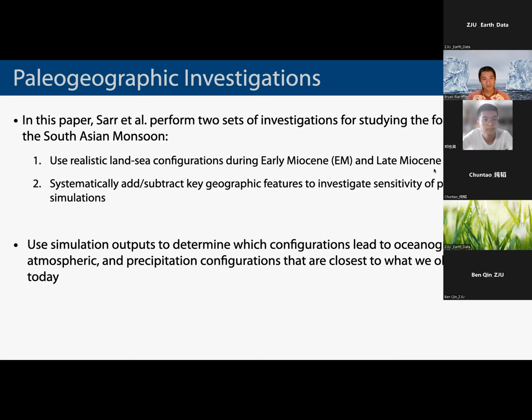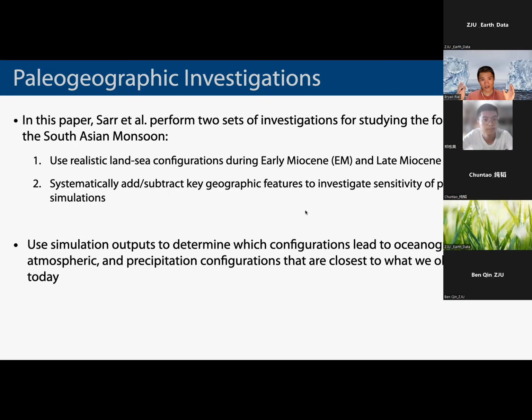And then, a little bit more detailed work in the second half of the paper, they systematically add and subtract key geographic features to investigate the sensitivity of the simulations. Specifically things like the Himalayas and the Anatolian Iran orogeny.